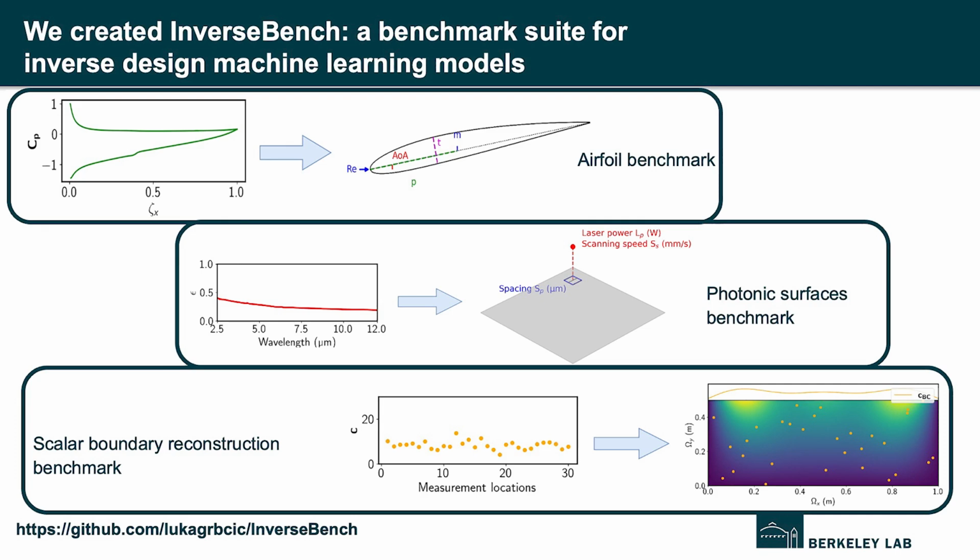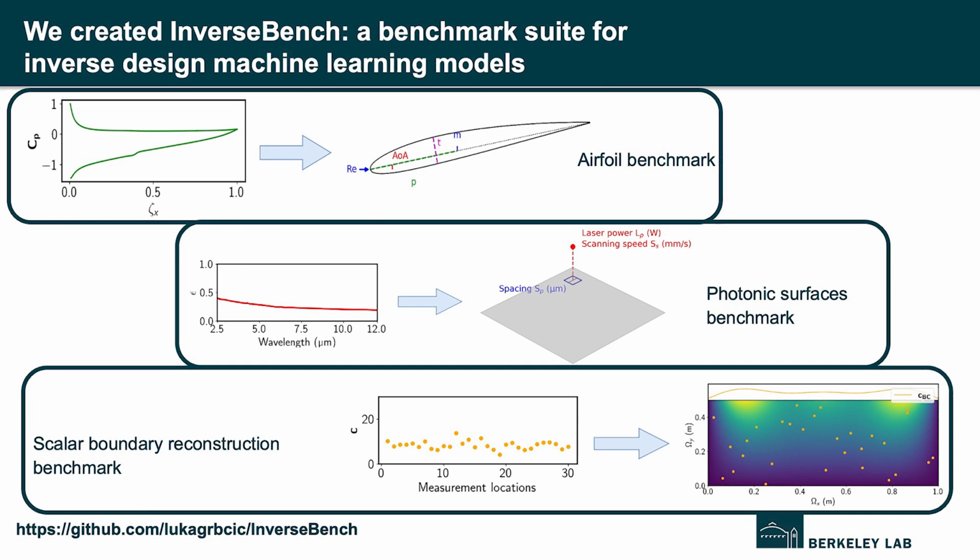You also have a photonic surfaces inverse design problem, which is essentially a metamaterial inverse design problem. This is actually our own data set that we got from the ETA. We're designing photonic surfaces with them using tools like this. And it's important to have this kind of problem because this community has been pushing inverse design a lot lately, specifically the metamaterials research community.